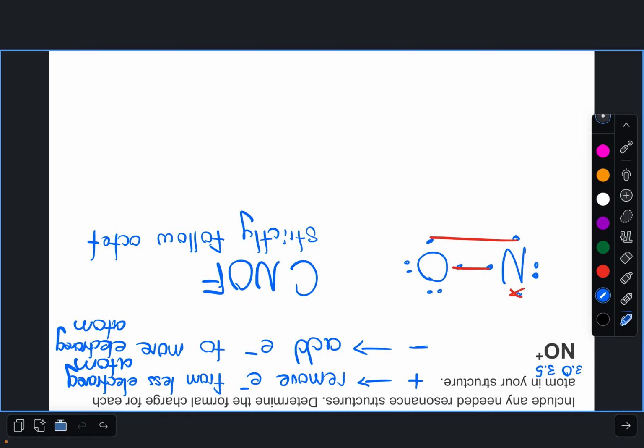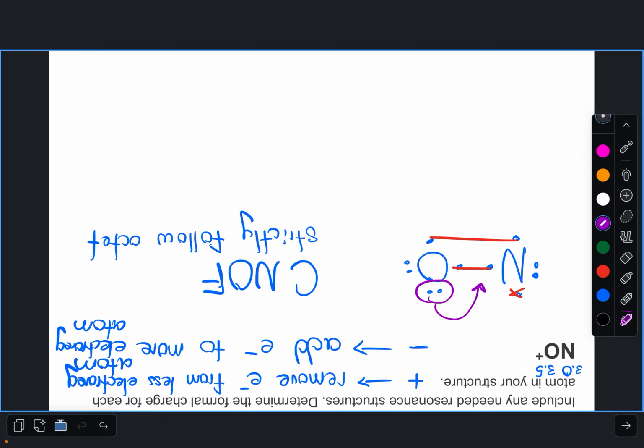Okay, so now we look at it and we're like, well, what can we do? Anytime something doesn't have its octet satisfied, we have to share electrons. That's how we satisfy the octet, by sharing with somebody else. So what we're going to have to do here, and this is allowed, is take this pair of electrons from oxygen and share the entire pair with both nitrogen and oxygen.